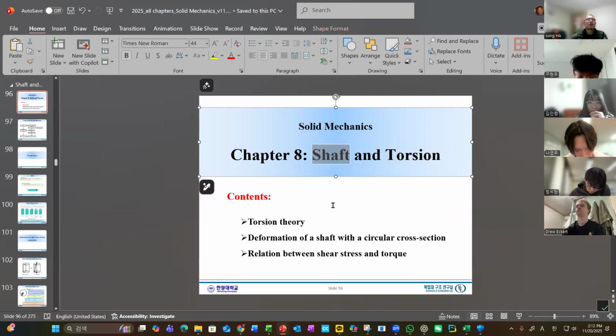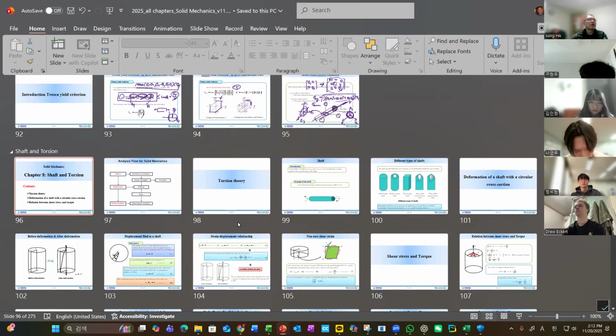The structure is called a shaft, and when it's subject to a torsion, okay, so a shaft and torsion. I'm not going to go into detail, but I will just review for you to get a general understanding of the general aspects of torsion theory.